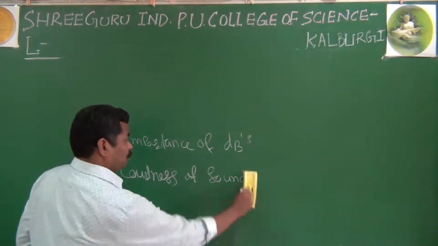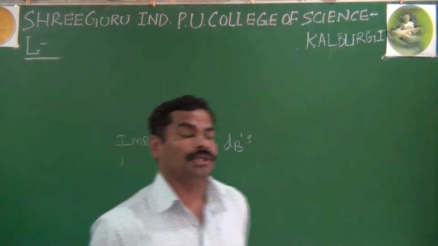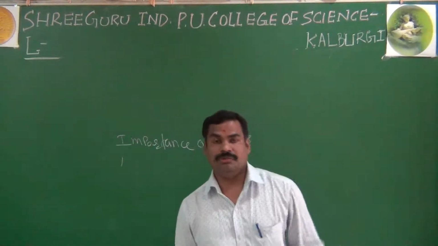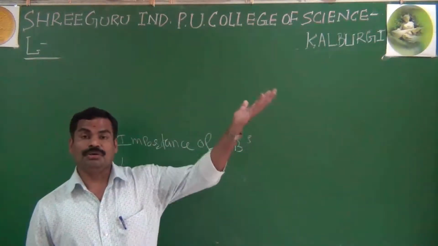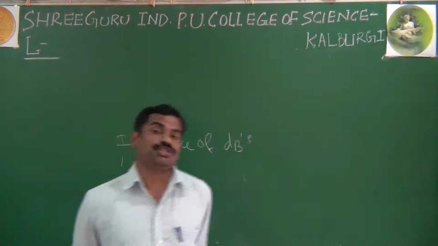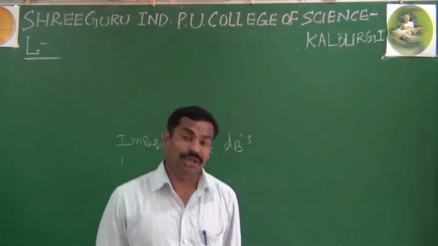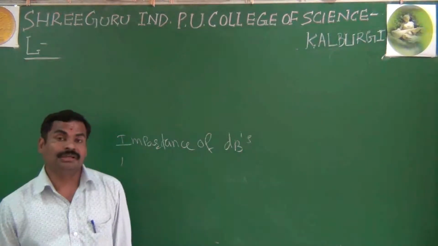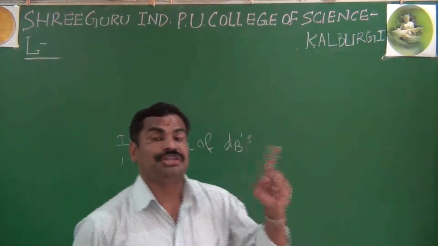Once again, don't confuse here. Your loudspeaker will give some sound. How loud it is, the quality of the sound, that intensity of the sound is perceived by our ear logarithmically, not by the natural intensity of the sound.